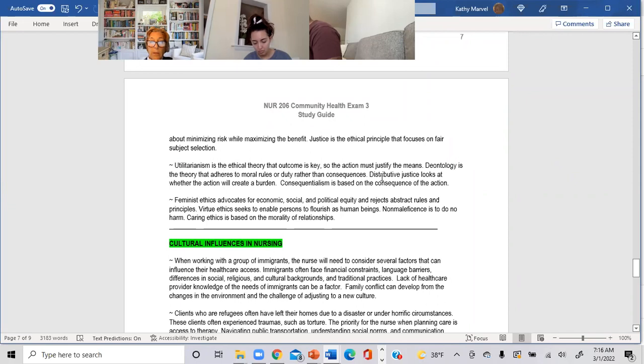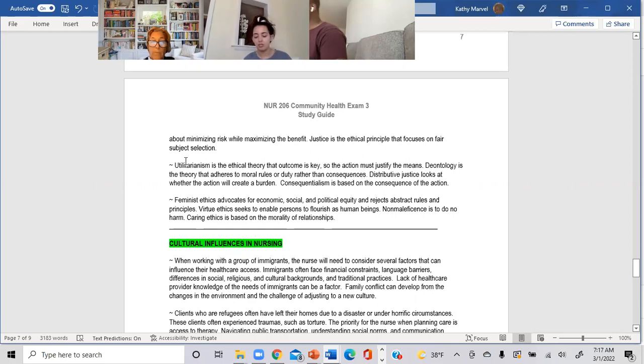Okay, utilitarianism is the ethical theory that the outcome is the key. So in utilitarianism, the action must justify the means. Deontology is the theory that adheres to moral rules or duty rather than consequences. I would put these on a card.